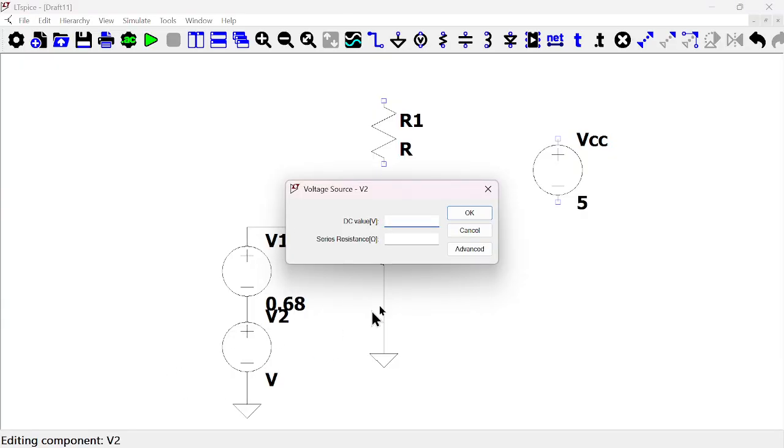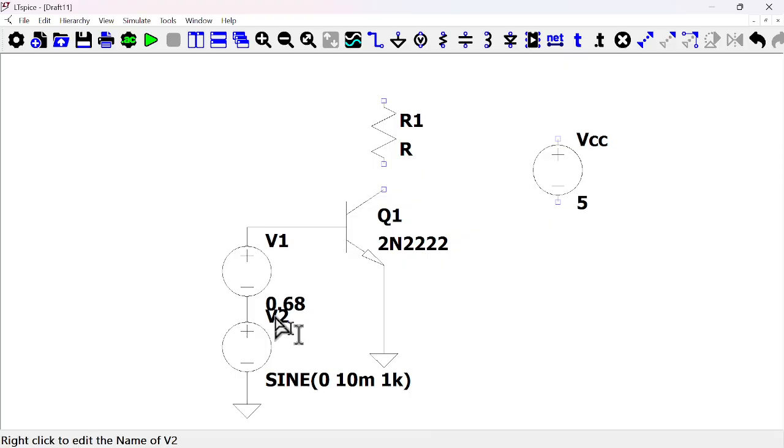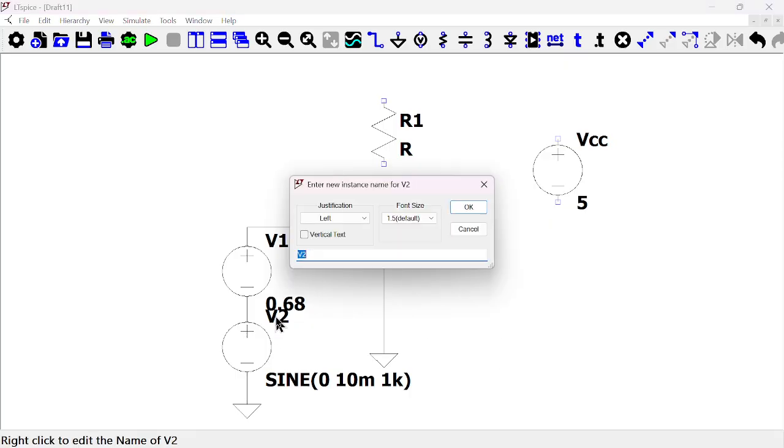Then the microphone, a sinusoidal, 10 millivolt and 1K frequency. Let me call this the mic.